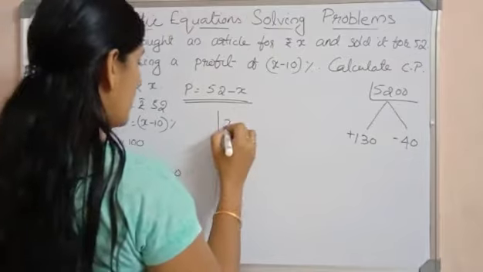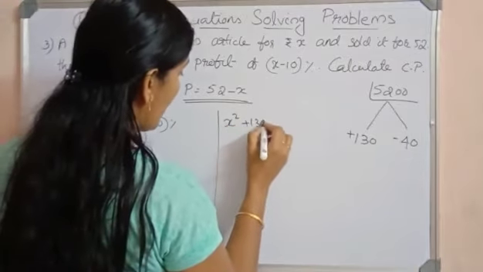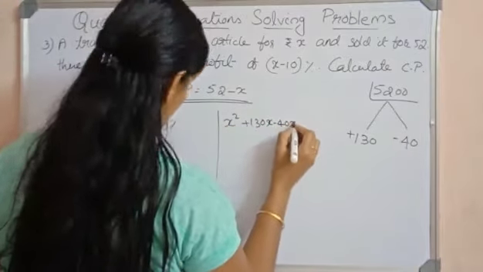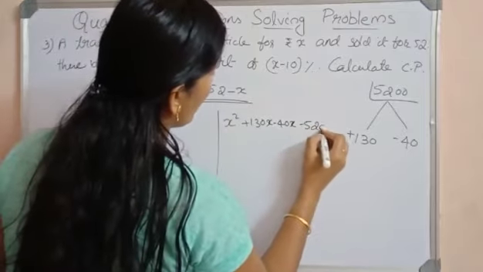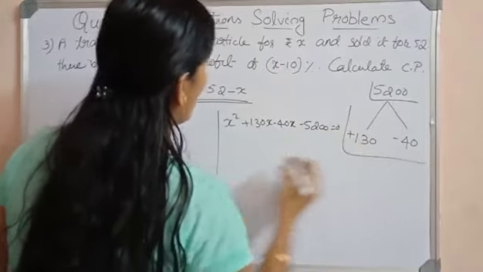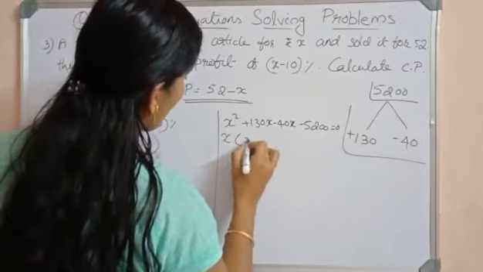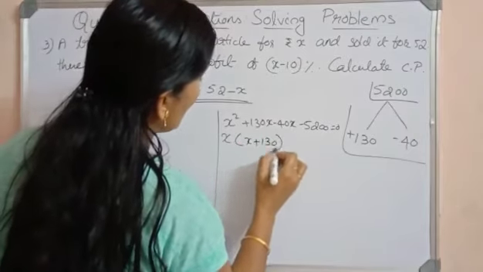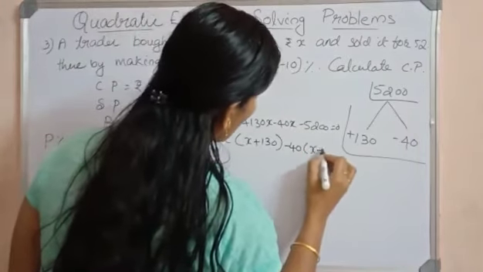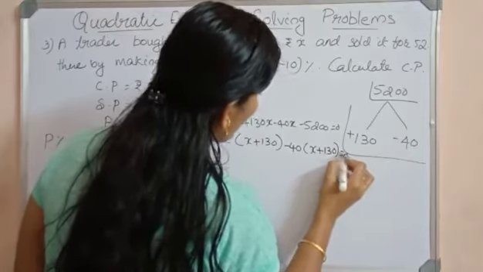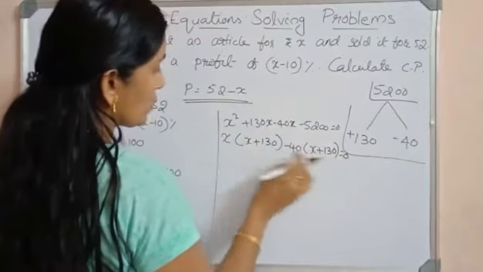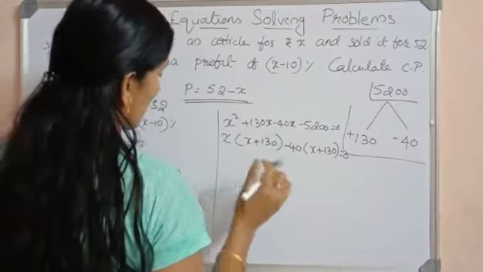Again, this will be X square plus 130X minus 40X minus 5200 is equal to 0. So X into (X plus 130) minus 40 into (X plus 130) is equal to 0. Since I have taken minus outside, this will become plus 130.